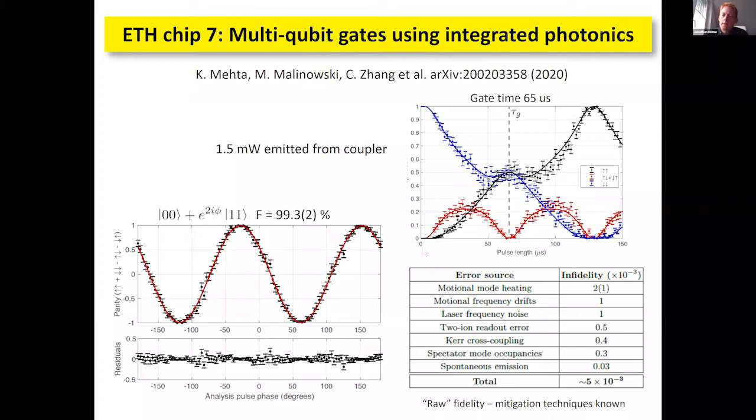They, for instance, can be used to mitigate motional frequency drifts and laser frequency noise, which are some of our leading error sources. But with such a new system, it's actually a better quantification to look at more of a raw gate without trying to mitigate those things. So I think it's very pleasing that we are quickly able to get to high fidelities, even without doing a lot of serious gate work.